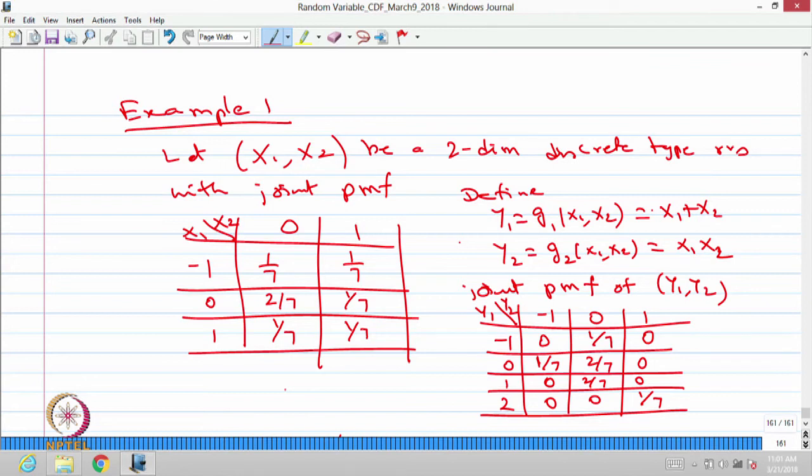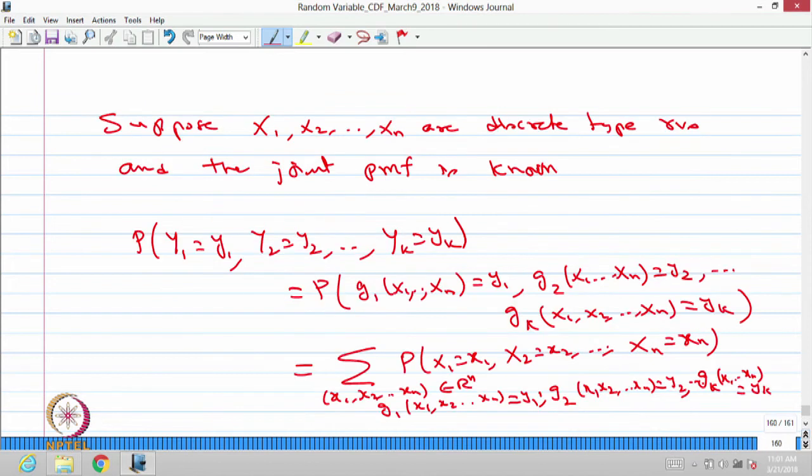So, that can be written in the previous slide. K has to be less than or equal to n. You can get the joint probability mass function of yi's, where i is running from 1 to k.